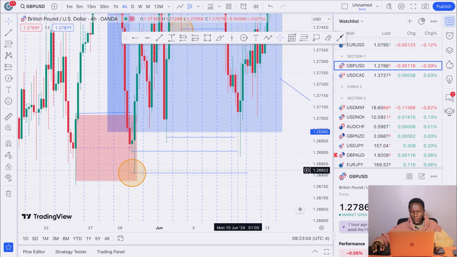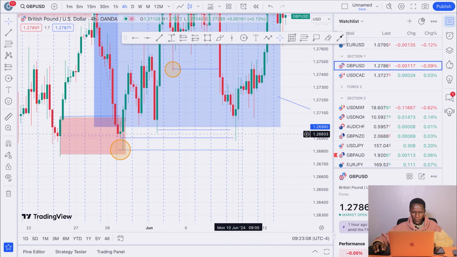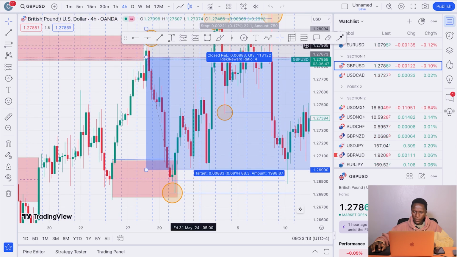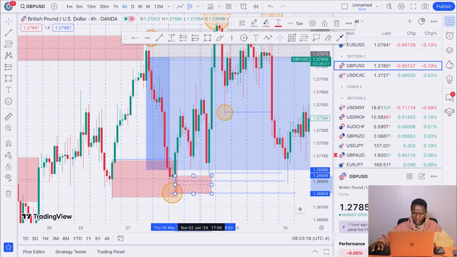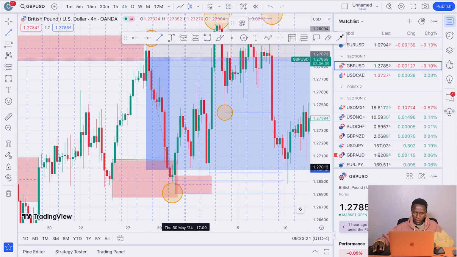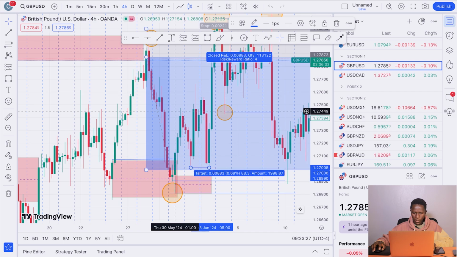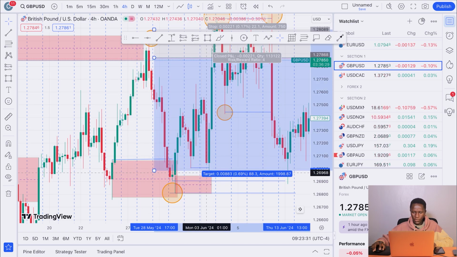That was later swept, and here you can always take a trade from this part. Remember, this here would be our inducement. Then after this, you take a trade.